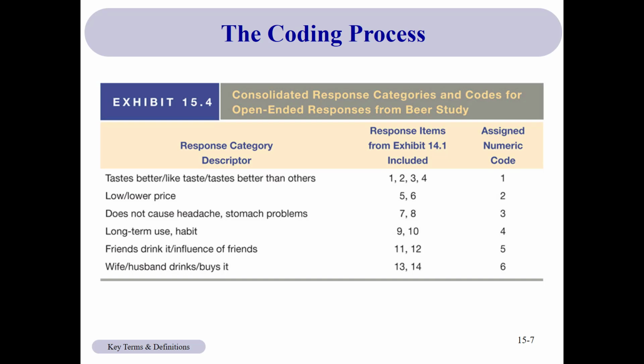So we look at the 6 different types of responses so that when we do statistical analysis, we can talk about, let's say, what percentage of people talk about taste, or what percentage of people talk about prices, that kind of thing.